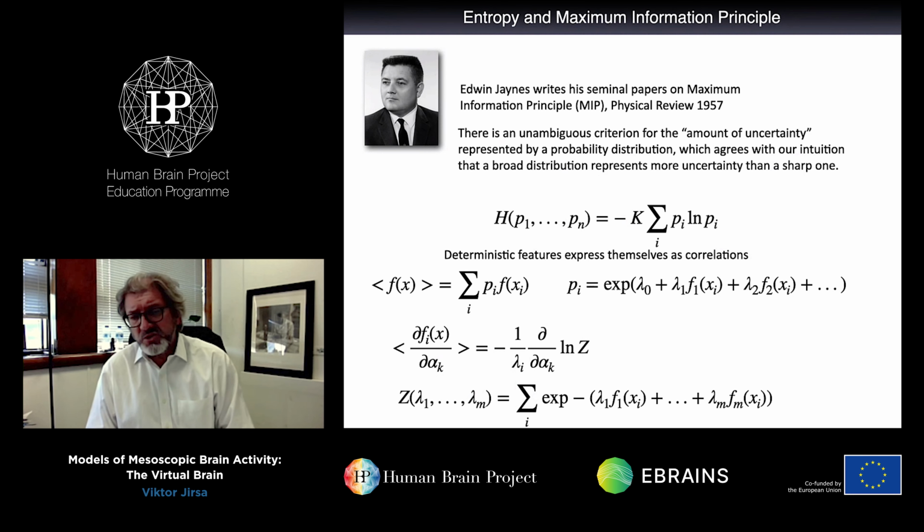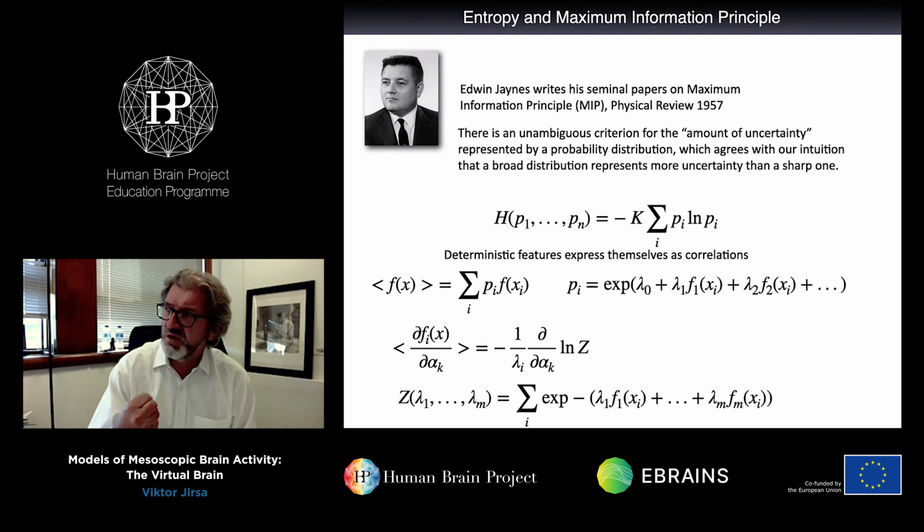And I would like to link it to contributions of another gentleman in the 50s, 60s. That's Edwin Jaynes, who has introduced us to the maximum entropy principle, a very deep principle, actually, that is linking the notion of uncertainty to probability.